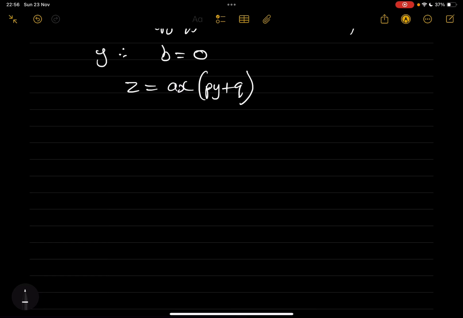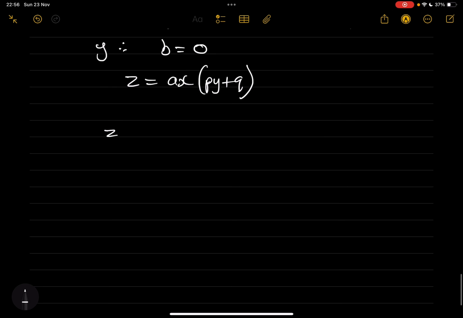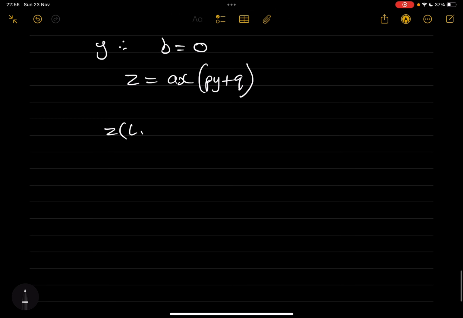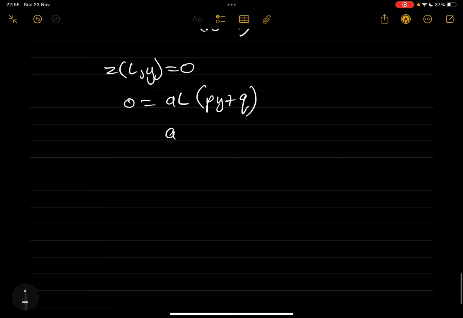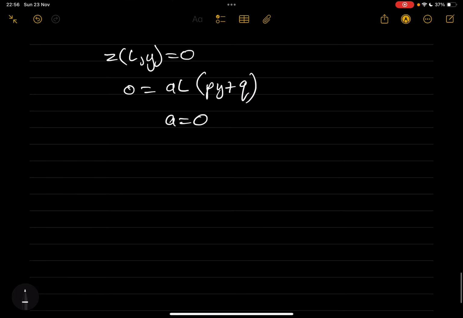From here we apply the second boundary condition, where x is L and z is 0, so this is going to be (AL)(py + q). Again, py + q cannot be 0, so that means a is equal to 0.